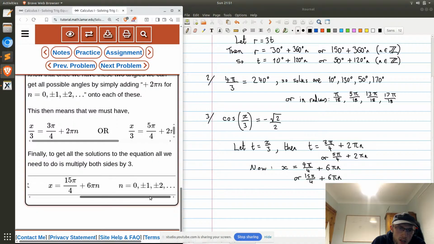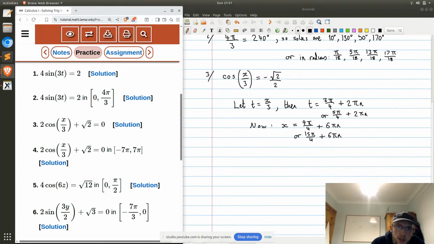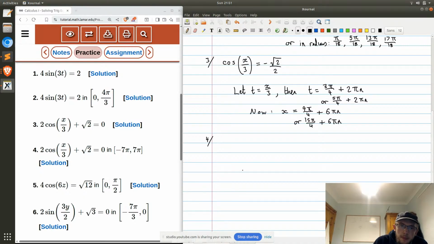No, that's actually quite okay. It's quite okay. Very nice. Okay, for the fourth problem, we're to find values of x within that range.